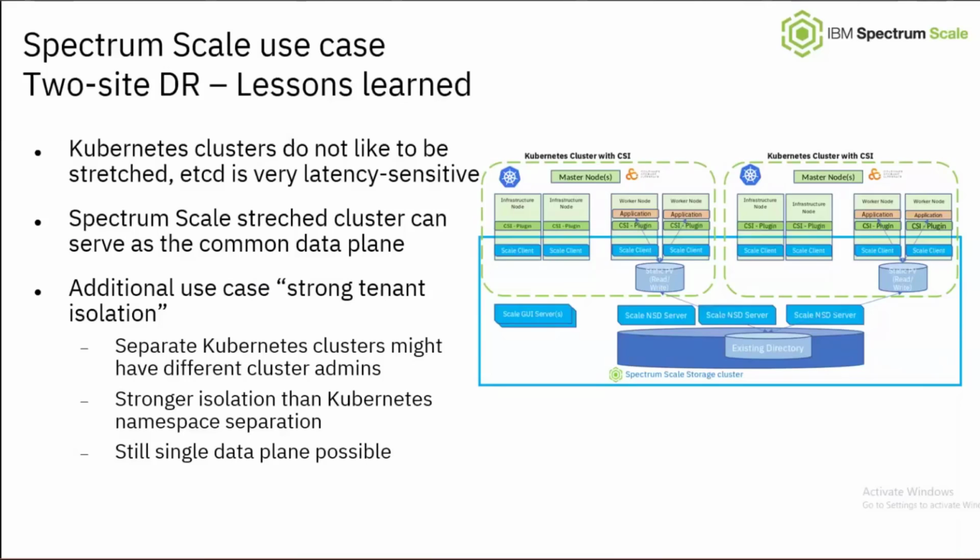Each one has its own kube admin role. So there is no overlap with regards to access to compute, application, and storage resources. And still, when using Spectrum Scale underneath, with the given scenario, you could potentially share common data rather than duplicating data sets.